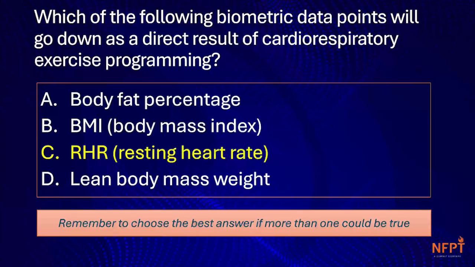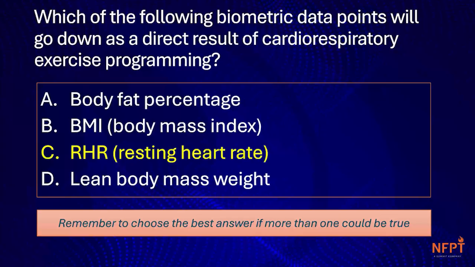For the question, which of the following biometric data points will go down as a direct result of cardiorespiratory exercise programming? Option A, body fat percentage, and option B, body mass index, are not correct. The reason is that for both of these, it depends on how the client is eating. And the question doesn't have anything about nutrition in it.